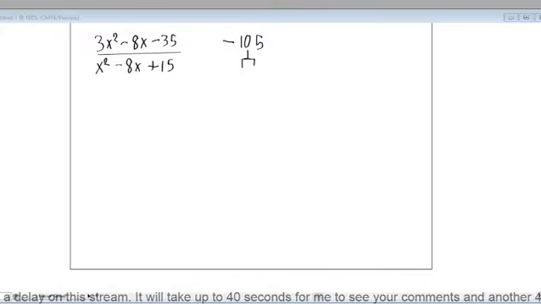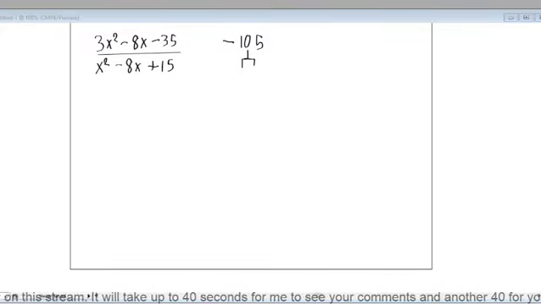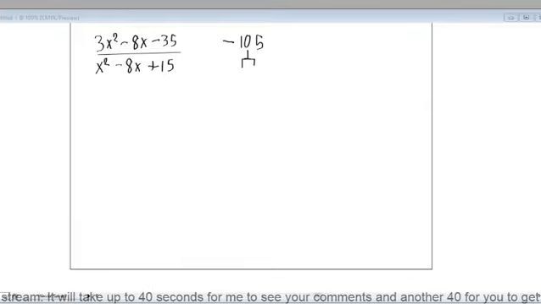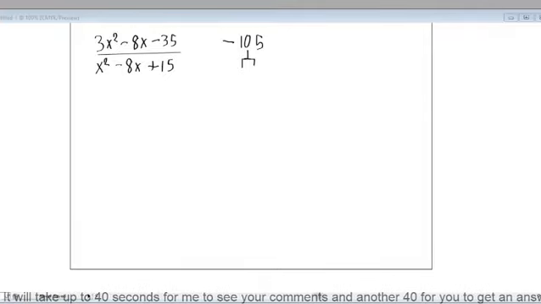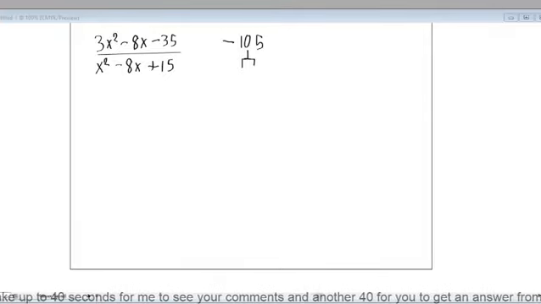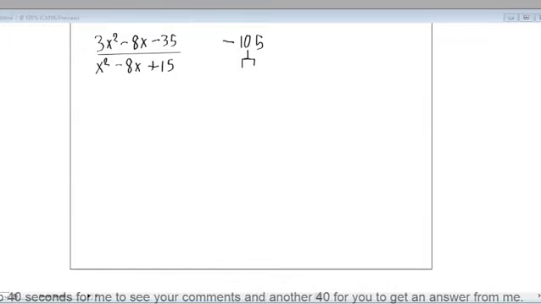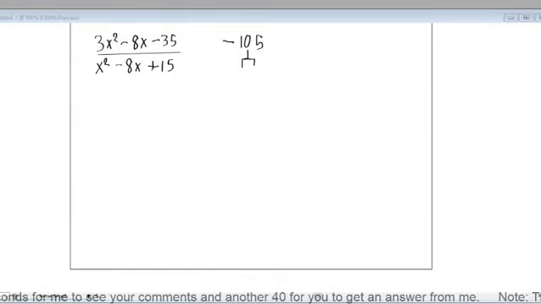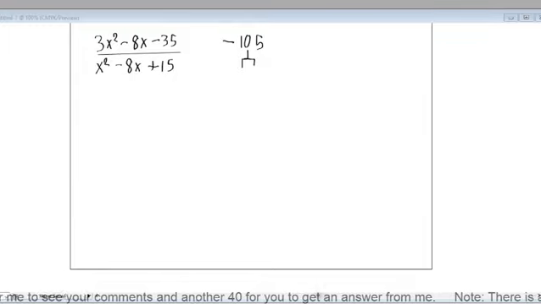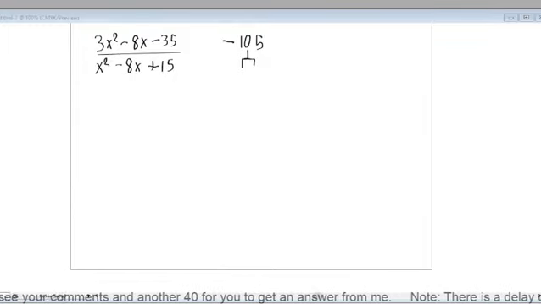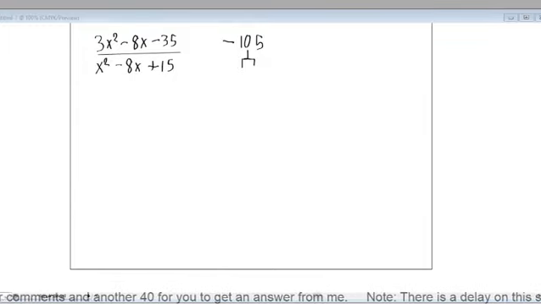Let's see. 3 would work, but that's probably not going to get us anywhere. 7 and 15?